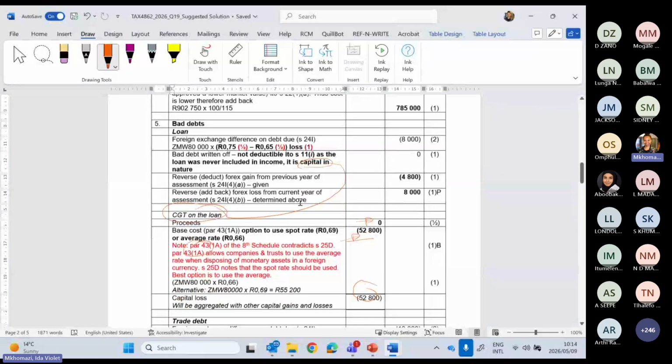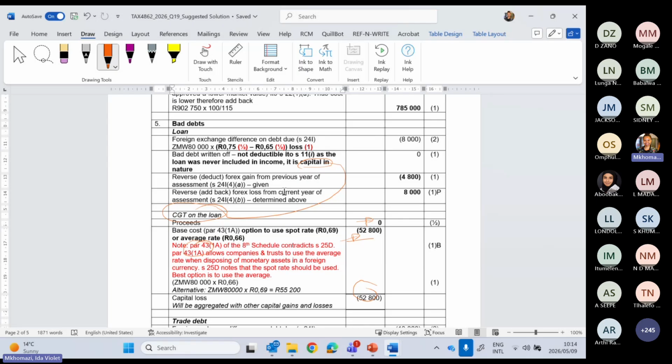Then the last part for the loan, I said we have a provision in 24I4 that's applicable to irrecoverable debts, right? So that provision, I said it's subject to section 11I. If 11I is not applicable, then you can apply 24I4. And the implication is that you need to reverse out your foreign exchange differences.